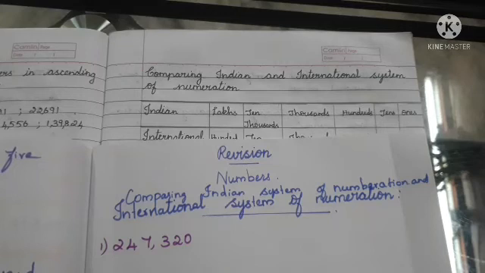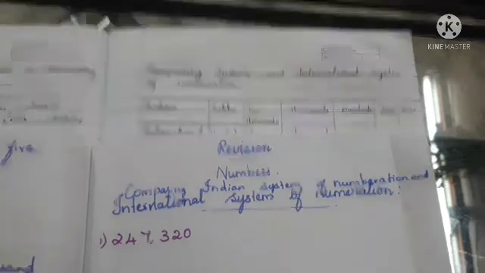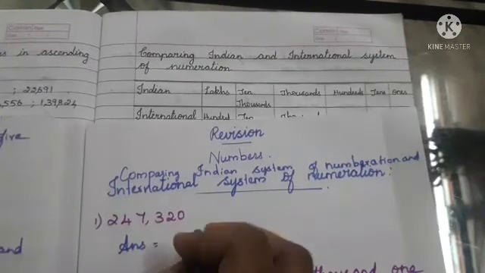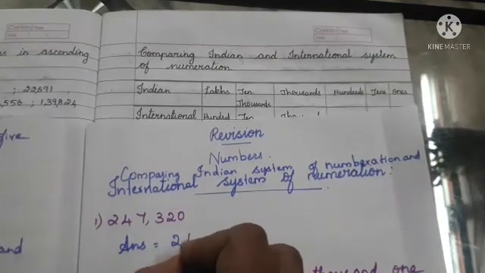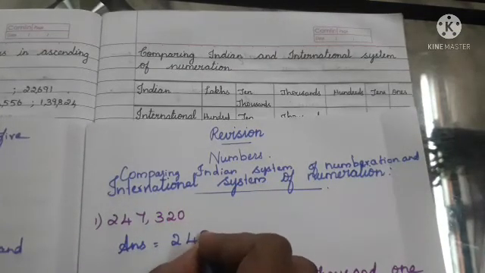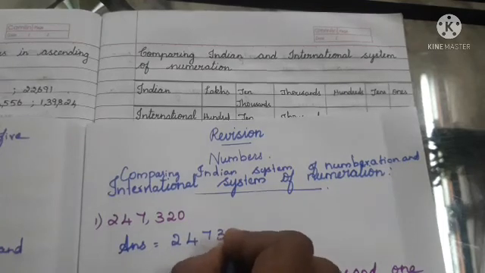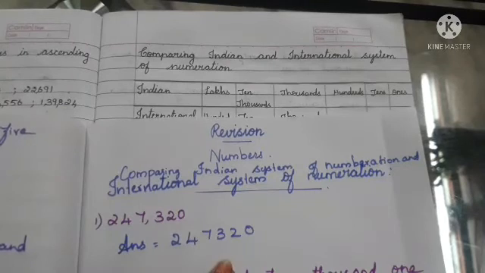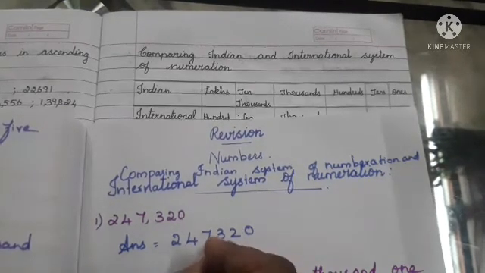So how can we write the answer, ma? We can write the answer is equal to, first we write the number as it is, that is 247,320. This is the number given. Here we can place the commas according to the Indian system. After ones, tens, 100 we place the comma.